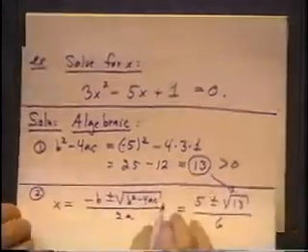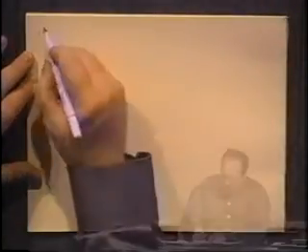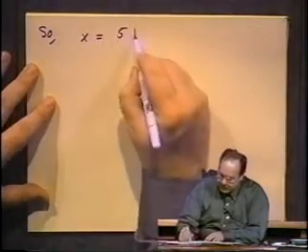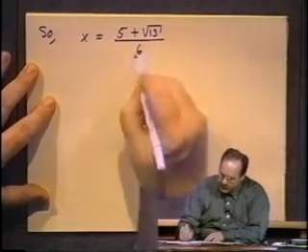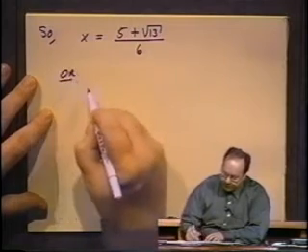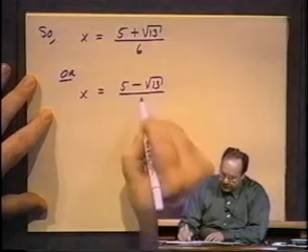And if I so desire, I can simplify those, or approximate those rather. So that means x is equal to 5 plus or minus, remember, so this is plus this time, square root of 13 over 6, or x is equal to 5 minus square root of 13 over 6.